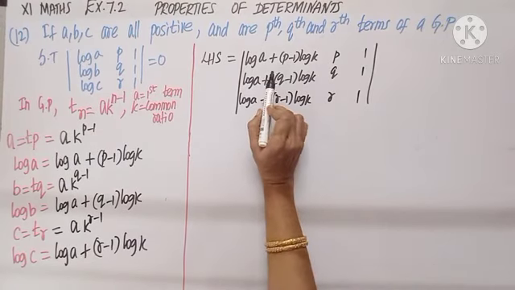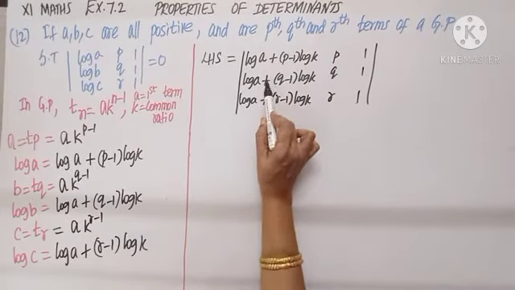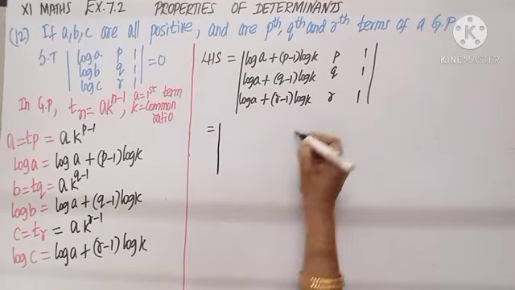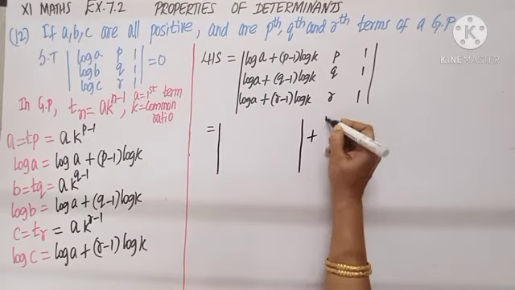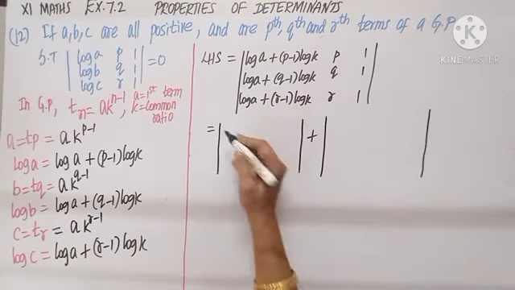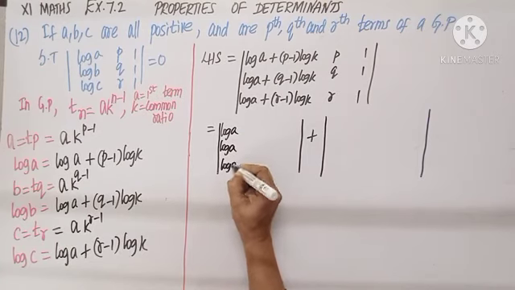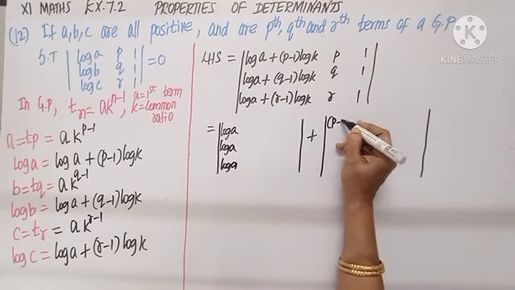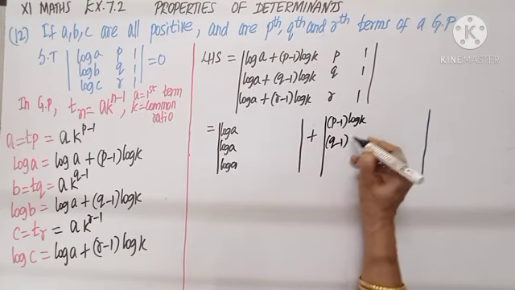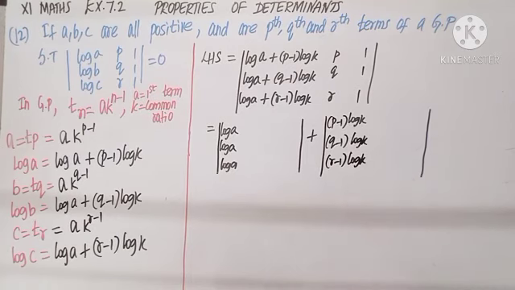As we know, every term in first column is a sum of two elements. We can split the determinant itself as sum of two determinants. In the first determinant, the first elements will come. In the second determinant, p minus 1 log k, all the second elements, q minus 1 log k, r minus 1 log k.